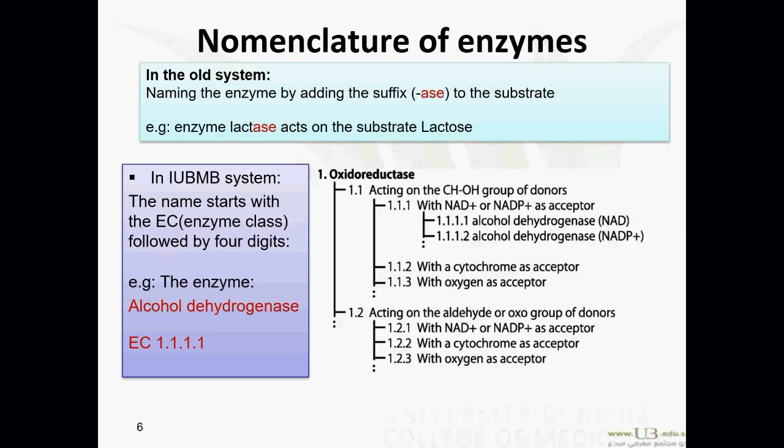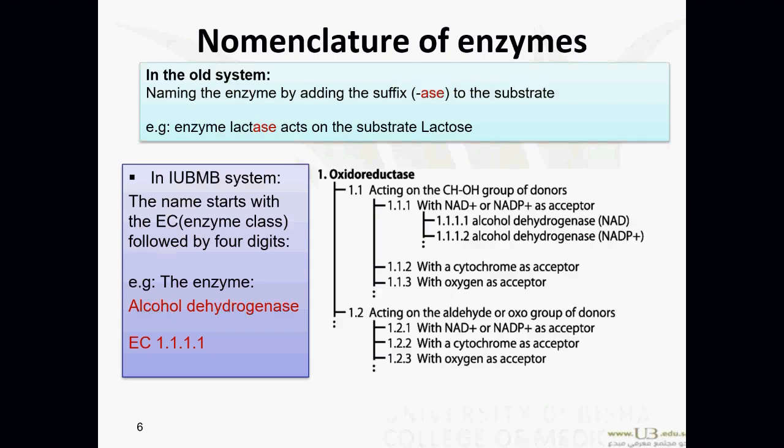So this is a subclass, and the third digit is for the sub-subclass, which is a branch from this subclass, and the last one is a branch as well. Each one is a branch from the previous one. This is the major class, this is the subclass, this is the sub-subclass, and this is the specific enzyme.